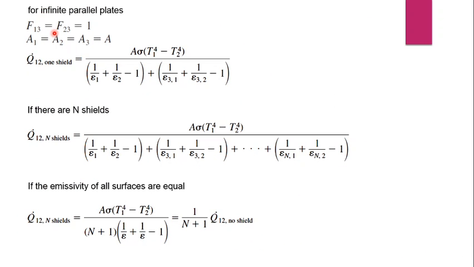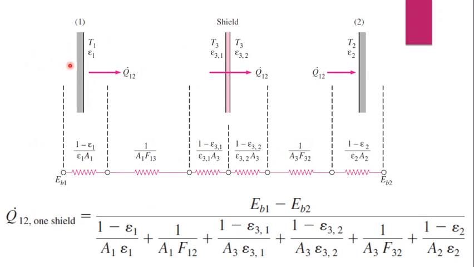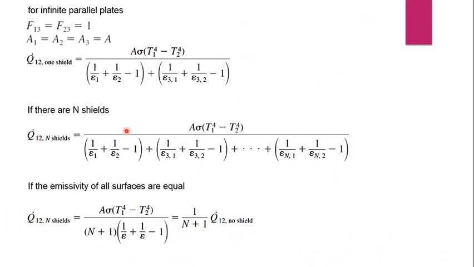So we are going to assume that all these plates 1, shield and 2 are infinitely long, right? So if they are infinitely long, their surface area will remain the same. So surface area of 1 and surface area of shield toward left, and surface area of object 2 and surface area of shield toward right also remain the same, and we will assume that it is A, right?